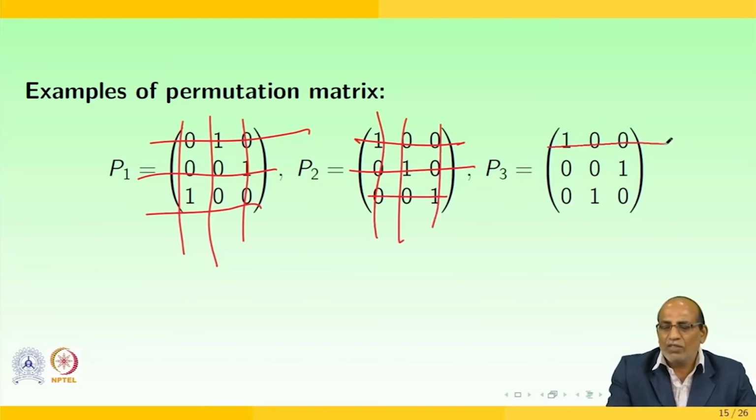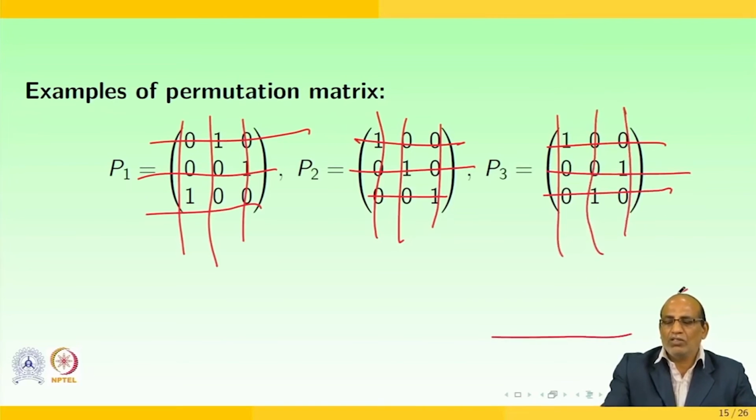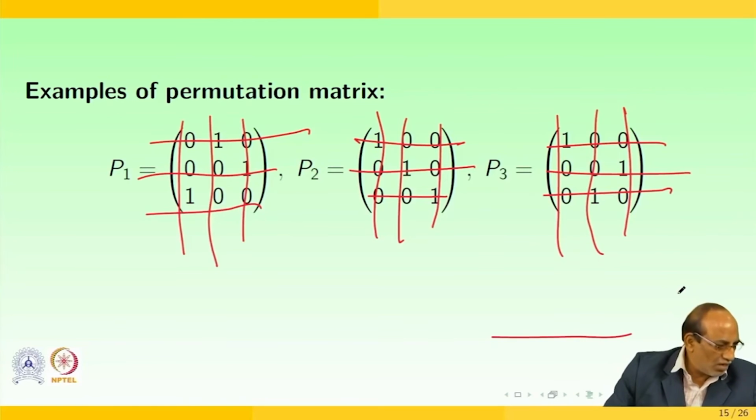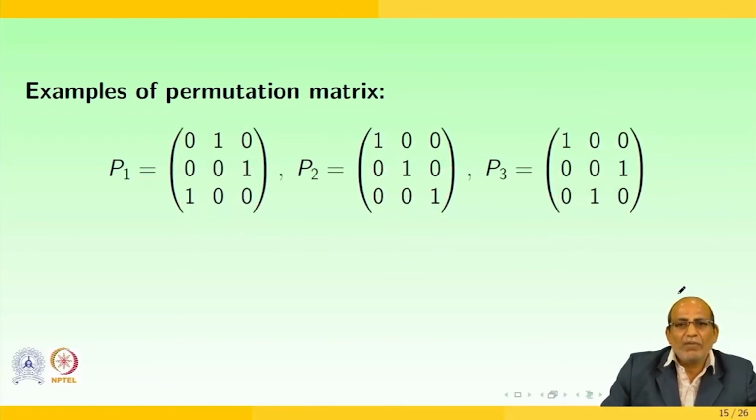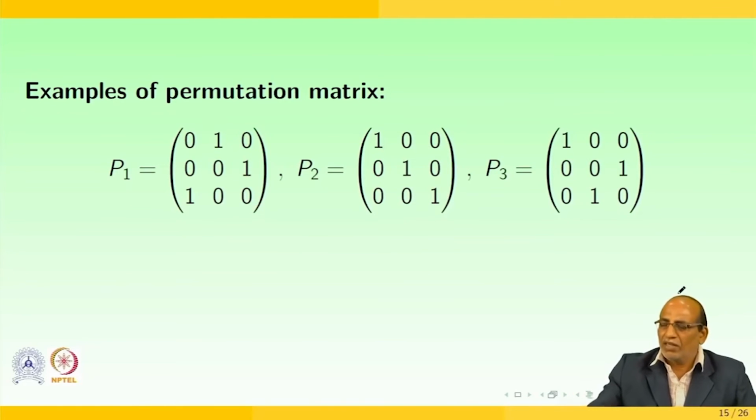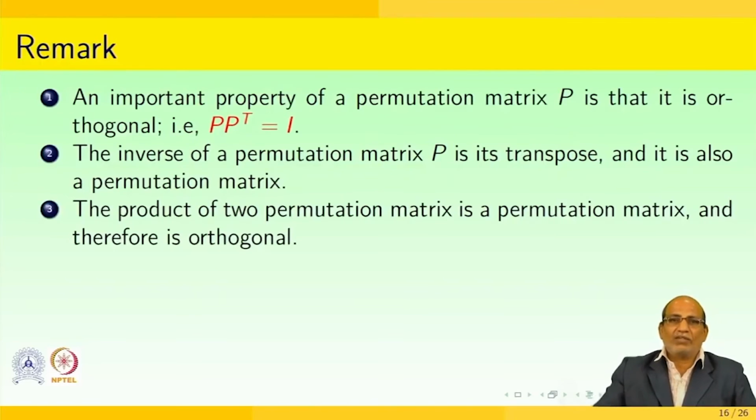P3 is 1 0 0, 0 0 1, 0 1 0, so it is fine. P1, P2, P3 are all typical examples of the permutation matrix.